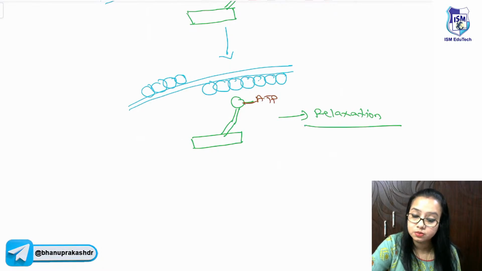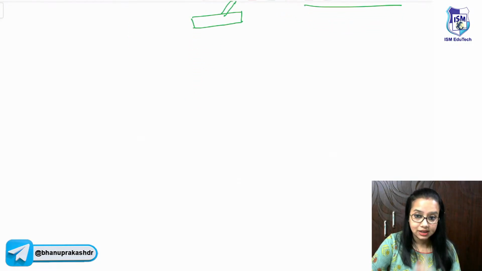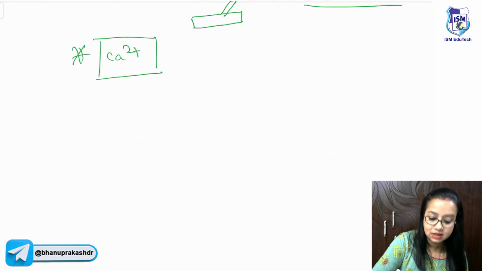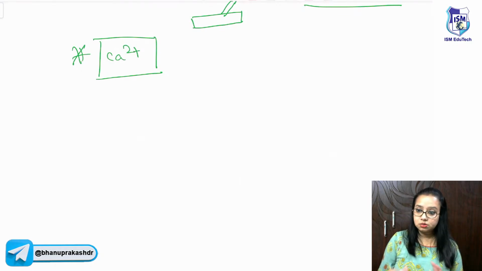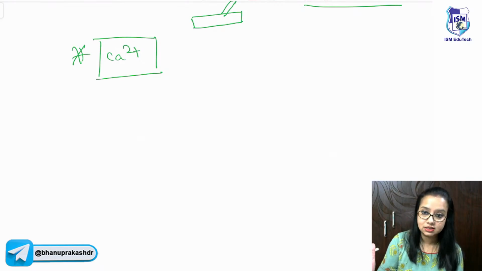Now, relaxation is the unbinding of actin and myosin. True, very true. But we also have to remember the agent or substance which is absolutely necessary for excitation and contraction. What is it? Calcium. So calcium is absolutely necessary. Just before the excitation contraction, calcium has come into the sarcoplasm.